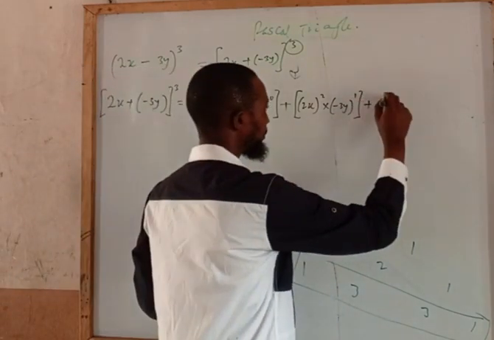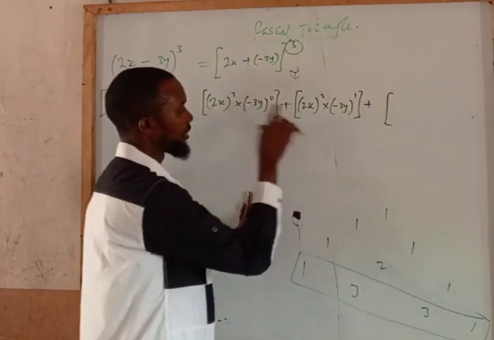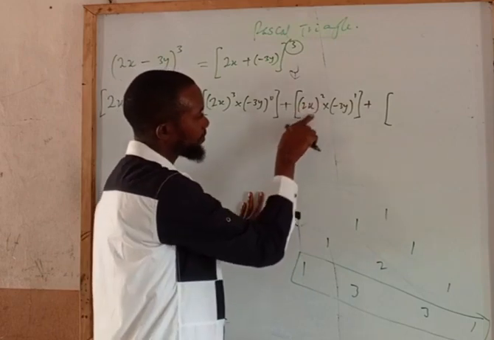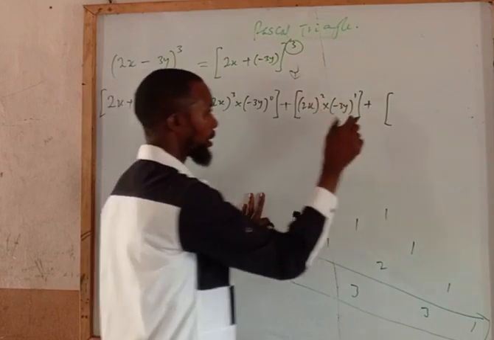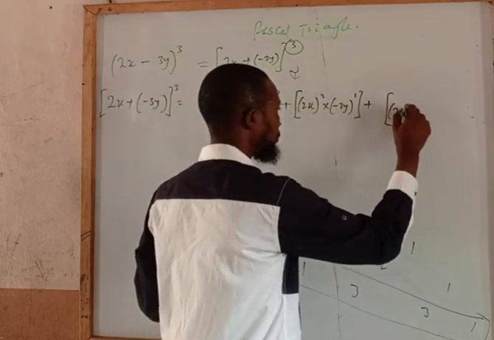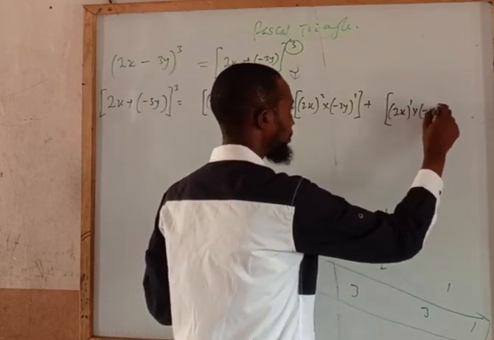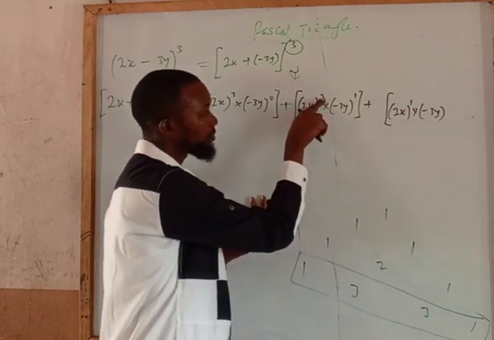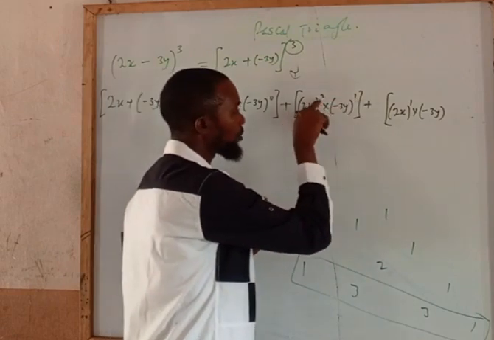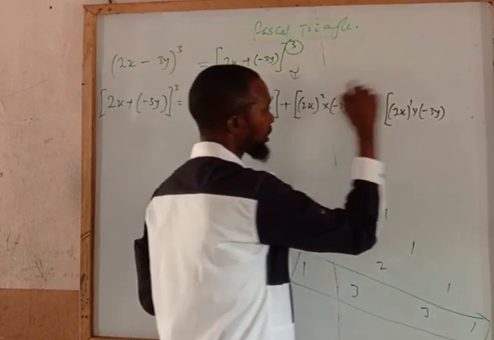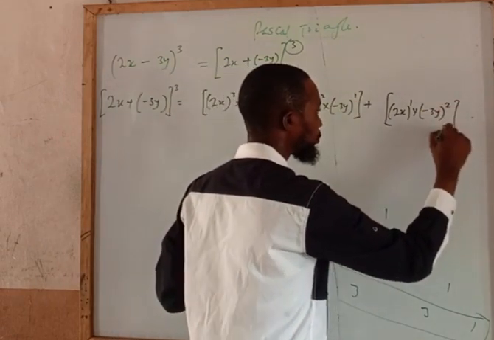So then plus, from having power of 2 to drop to power of 1, this will now be written as 2x raised to power 1 multiplied by minus 3y. Once this one dropped value, this one gains what this one has dropped, so from 1, this one increases to 2.